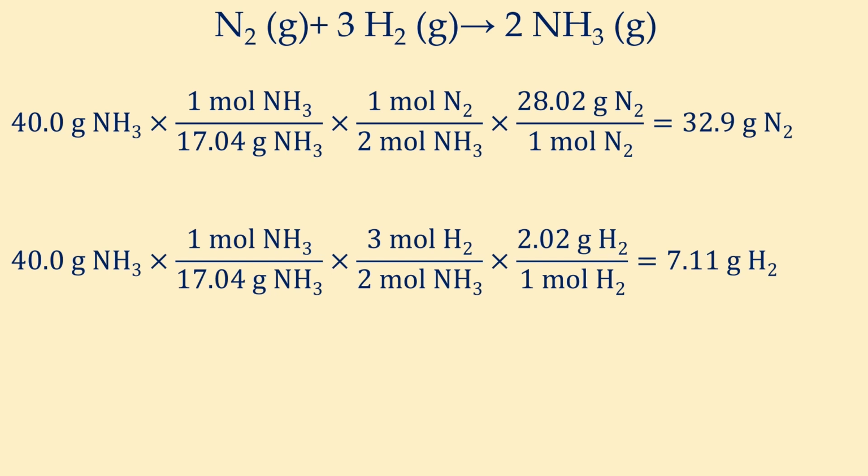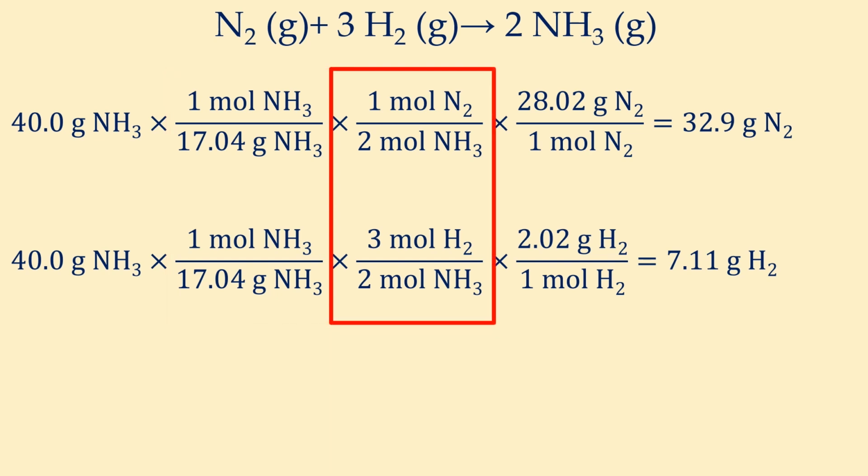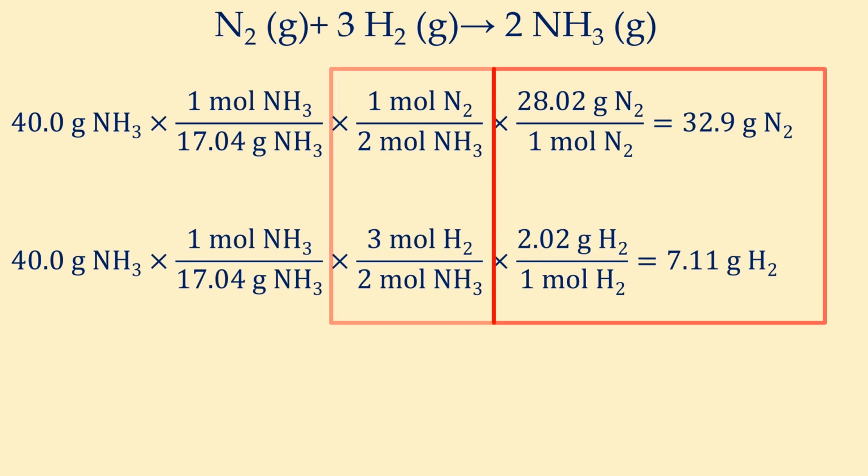First, the mass of ammonia is converted to the moles of ammonia using the molar mass. Next, the moles of ammonia are converted to the moles of each reactant, respectively. Finally, the moles of nitrogen and hydrogen are converted to the mass using their respective molar masses.